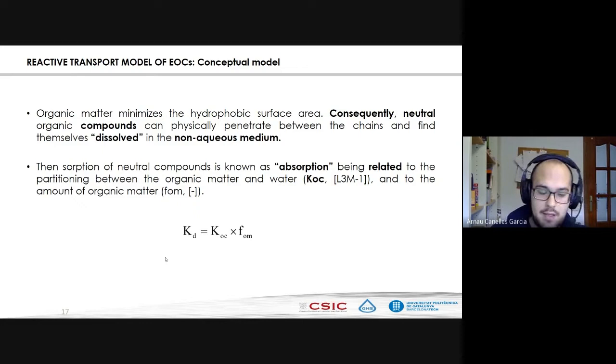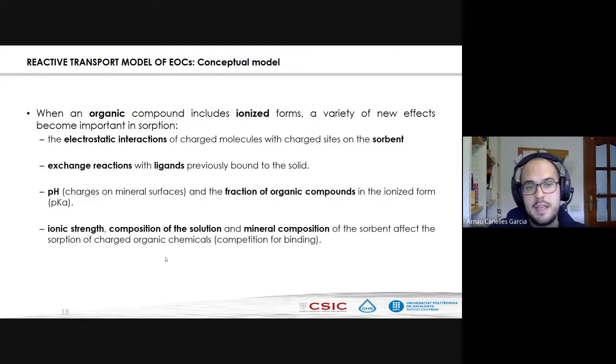This K sub D will define the tendency of these organic compounds to be sorbed. This KD will be what we further use in our numerical models to define this sorption.